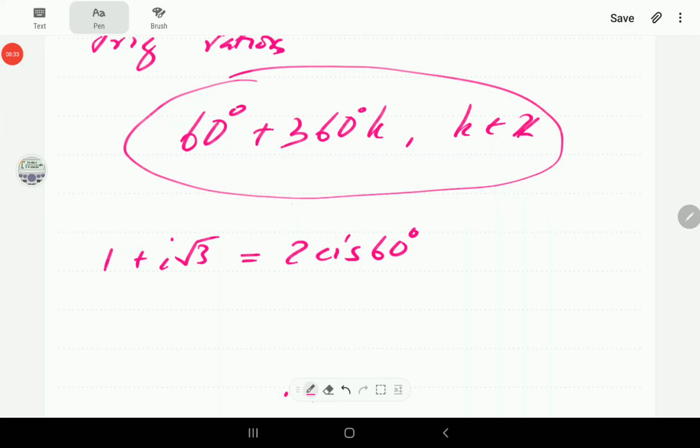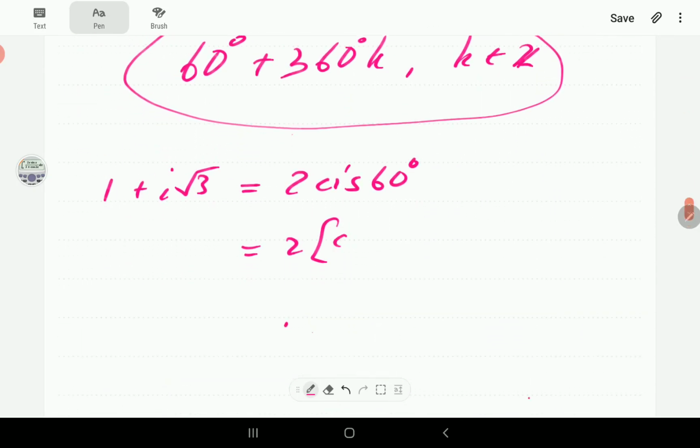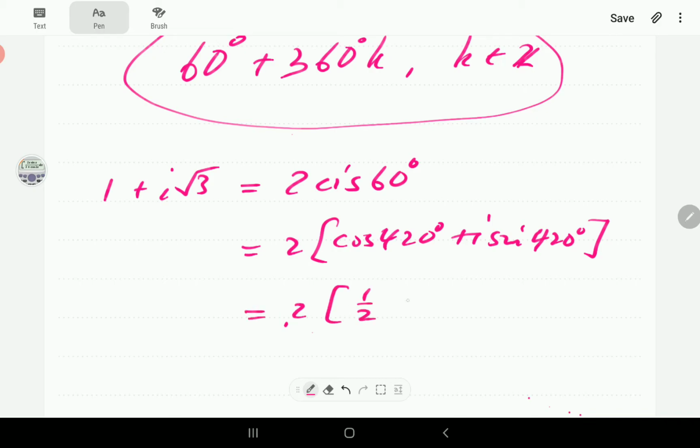However, if instead of 60 you use 420, for instance, we still have exactly the same complex number, because cosine 420 is 1/2 and sine 420 is root 3 on 2.